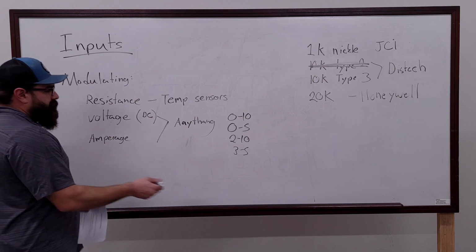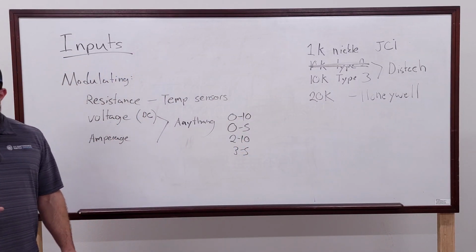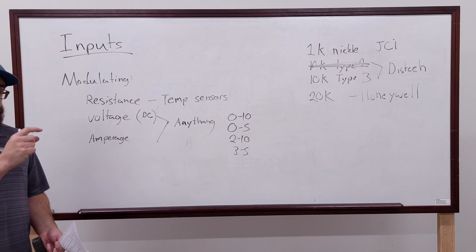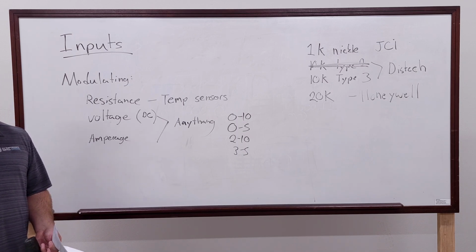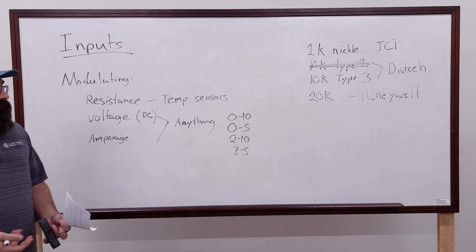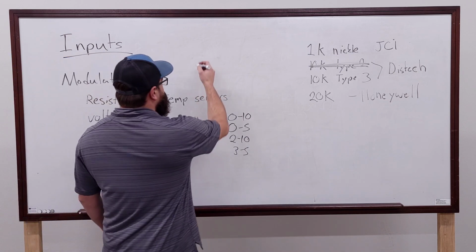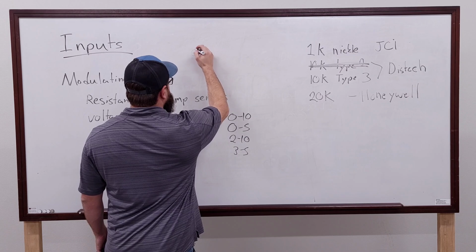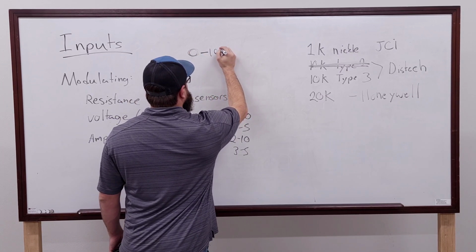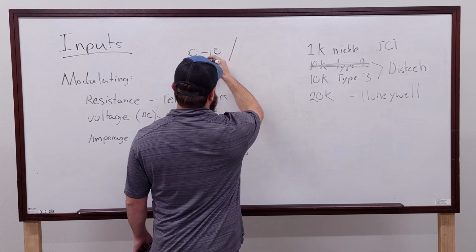So let's say I have a temperature transducer instead of a temperature thermistor, right? A thermistor is a resistive input. A transducer is going to take, there's more than likely a thermistor on the actual field device, but it will take that and convert it to a 0 to 10 signal inside of the sensor itself. So if that sensor puts out a 0 to 10 signal, I can then, in the software, scale it to whatever that sensor is.